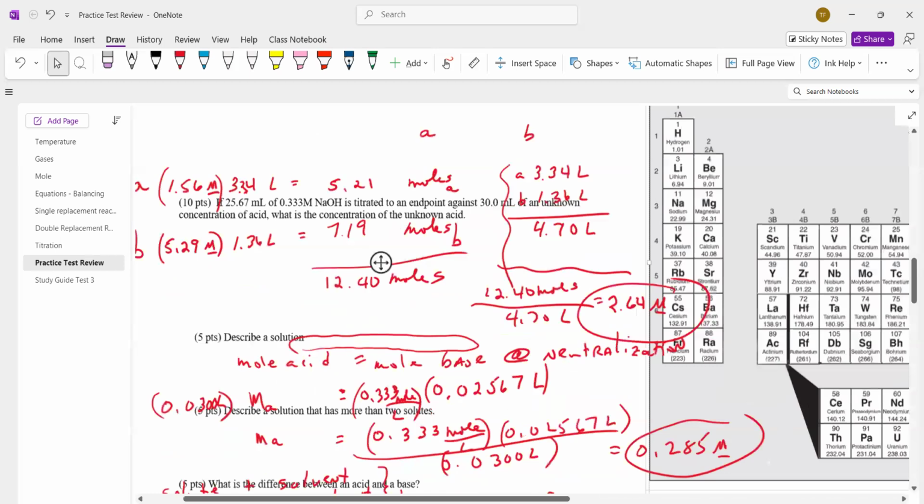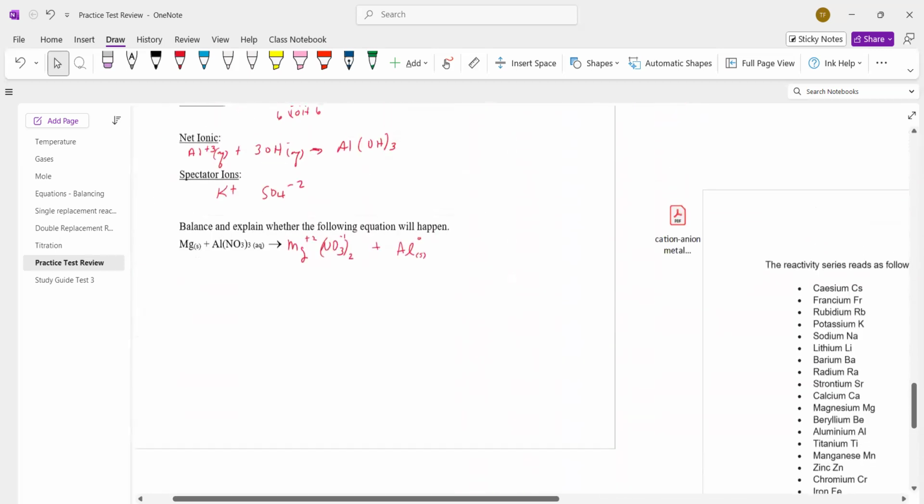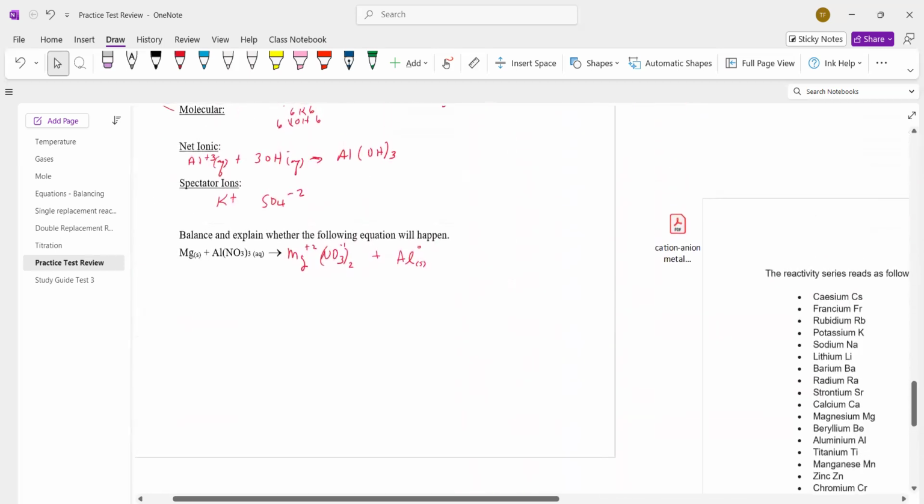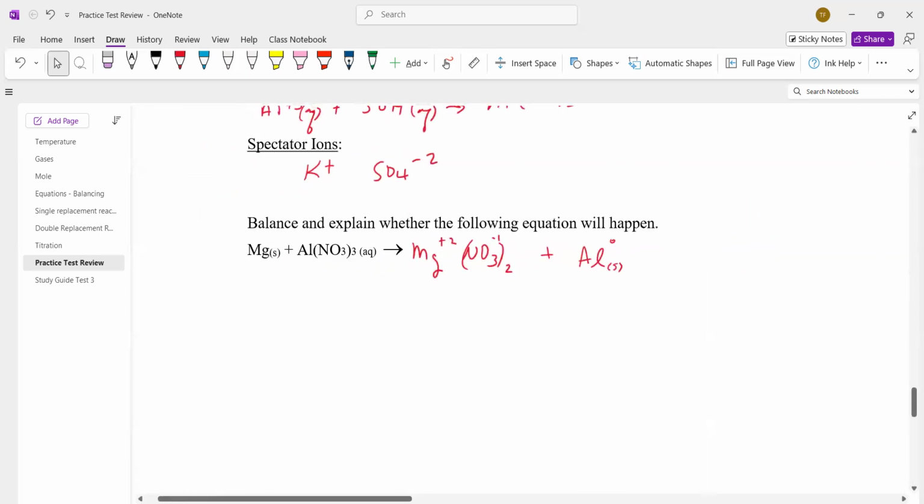We didn't balance it? Yes, we didn't balance it. Didn't I tell you to always check for balance? Well, let's balance it here.